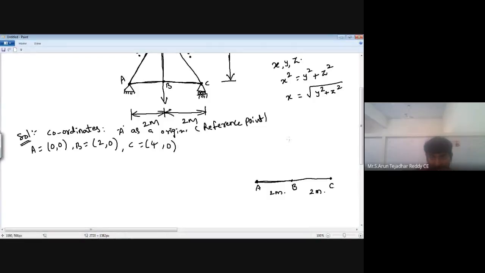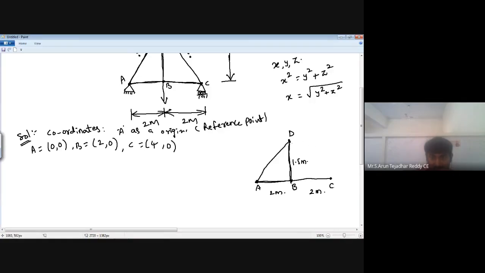Finally, point D. Our reference point is A, and the length of BD is 1.5 meter.